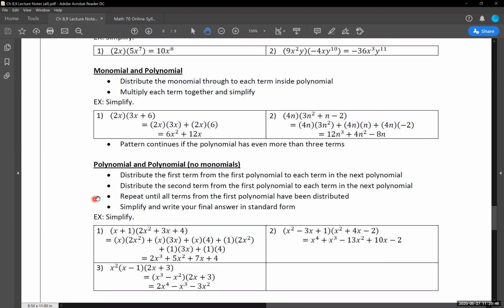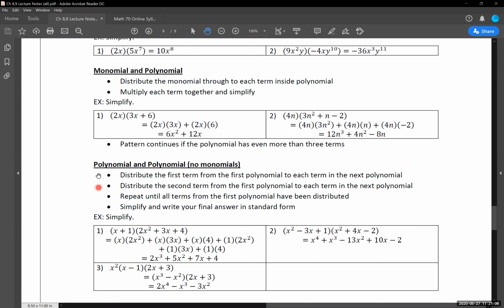Then you would move on to a third, if you have that, and we do that as many times as necessary until all terms from the first polynomial have been distributed. Again, there is not a lot of raw math going into each of these. There's nothing really new that we are going to be covering.